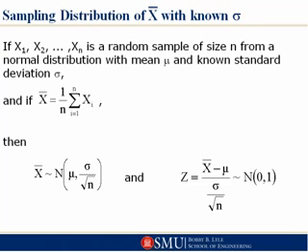Well, it turns out that the probability distribution of those sample means would also be normal, and it would have a mean of mu, the same mean as your underlying distribution that you're drawing from, and the standard deviation for this distribution of sample means would be the standard deviation of the population you're drawing from divided by the square root of n.